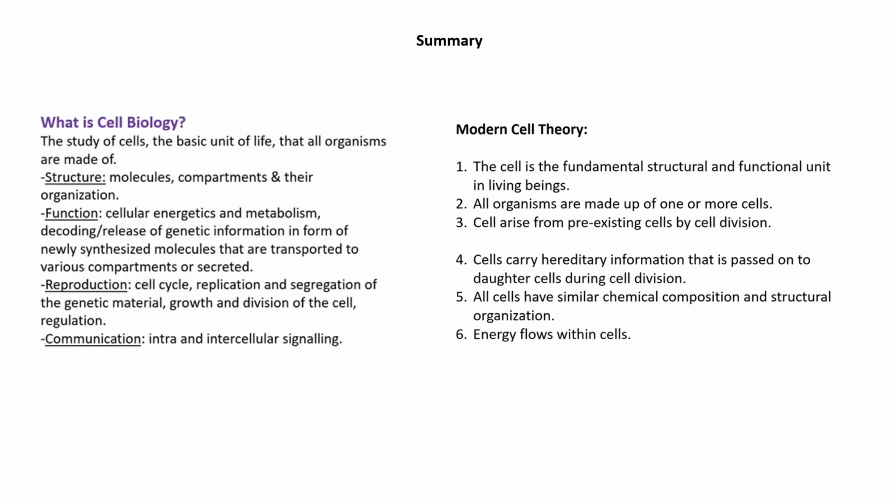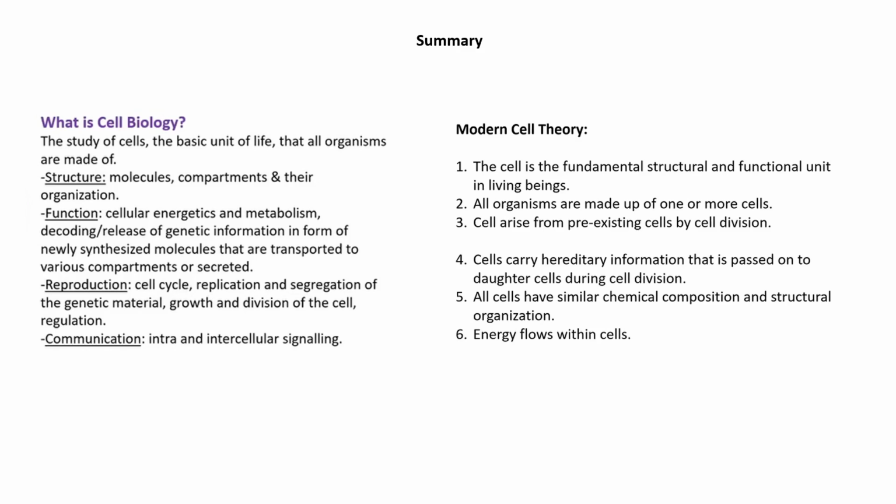So various metabolic functions occur in a single cell, and apart from function, there is reproduction of the cell as well. Each and every cell has an ability to replicate itself, to undergo the cell cycle process and replicate itself into its daughter cells.